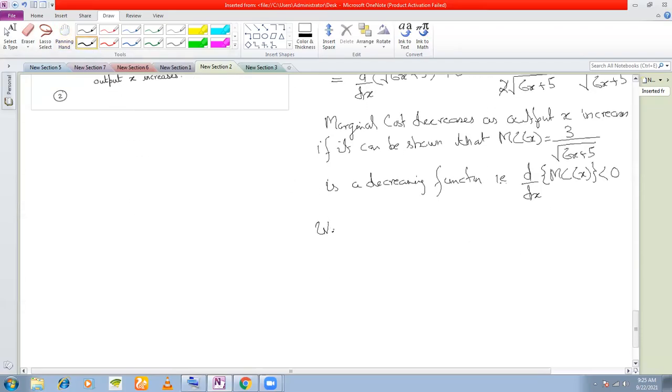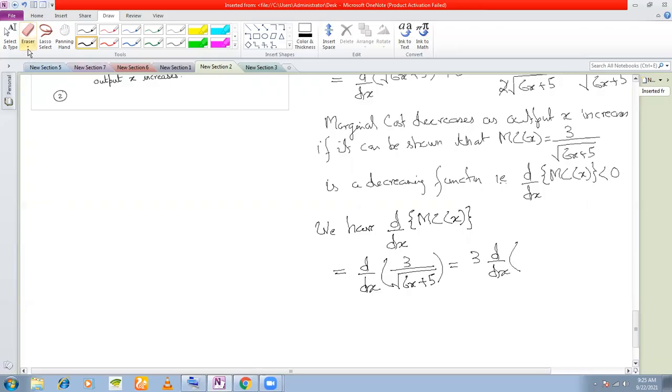So we have d/dx of MC(x), which is equal to d/dx of the marginal cost function we have found out as 3 by square root 6x plus 5. Differentiate this, take 3 out, and this can now be written as 6x plus 5 to the power of minus half.